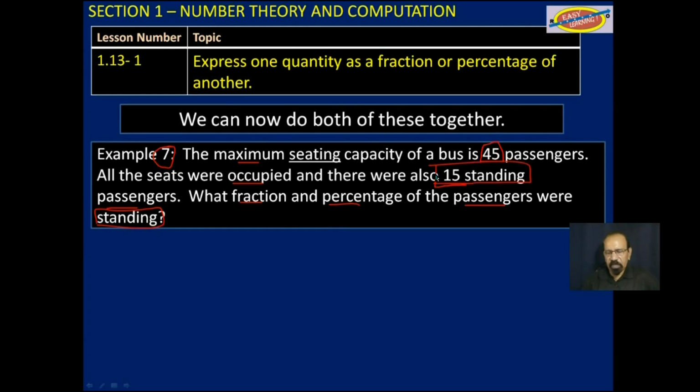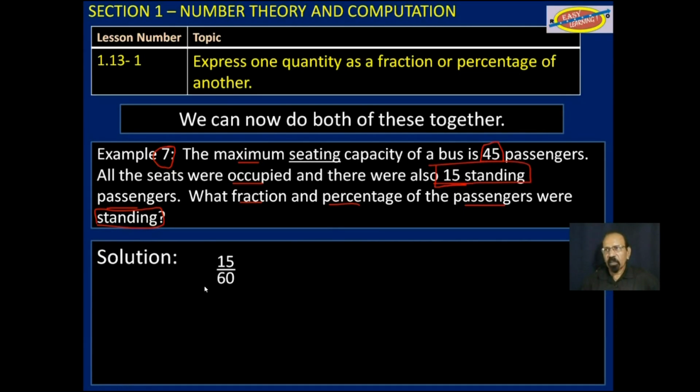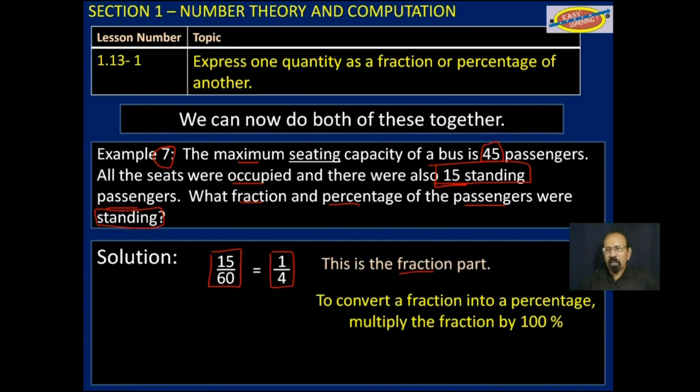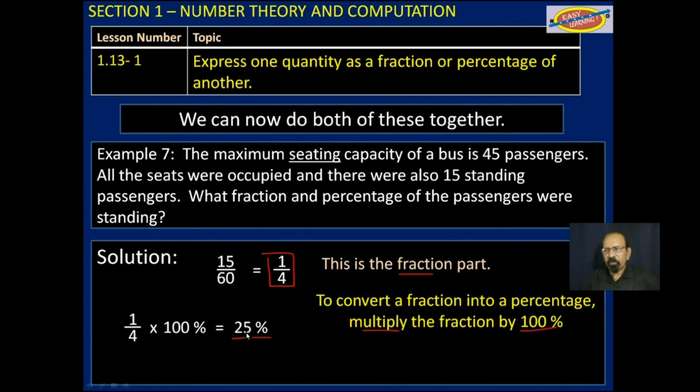So that will be 15 out of 60. You reduce that and you get a quarter. That is the fraction part. To convert that fraction into a percent, you multiply by 100 and we get 25%. So the answer is a quarter of the passengers were standing, or that is also 25%.